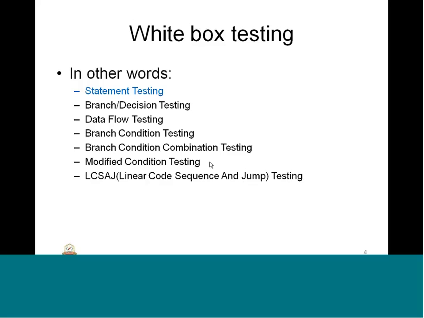The last one is linear code sequence and jump technique. In this, select test cases based on jump-free sequence of code. That means some codes like interrupts and those things run independently.